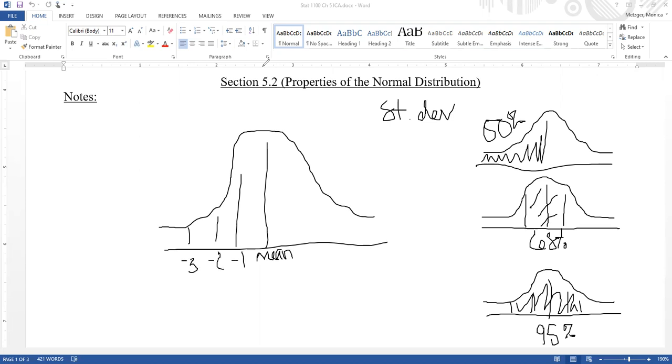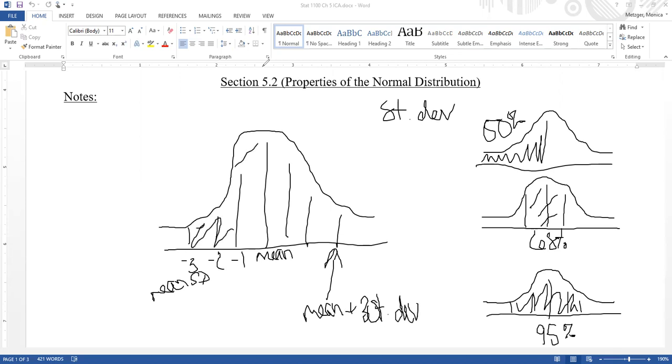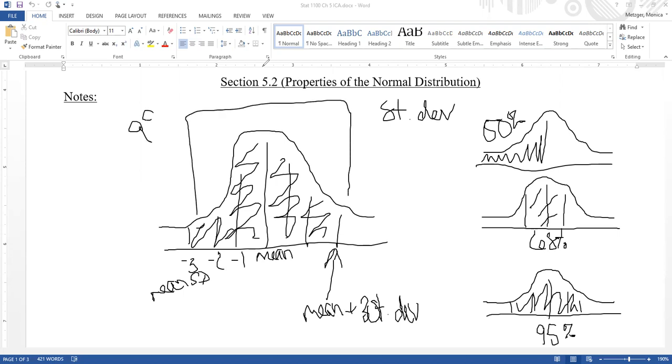Again, that's saying our mean minus 3 standard deviations, and I can go the opposite direction too to have the mean plus 3 standard deviations. Now we can see that we have even more than before. We actually end up having 99.7% of our data.